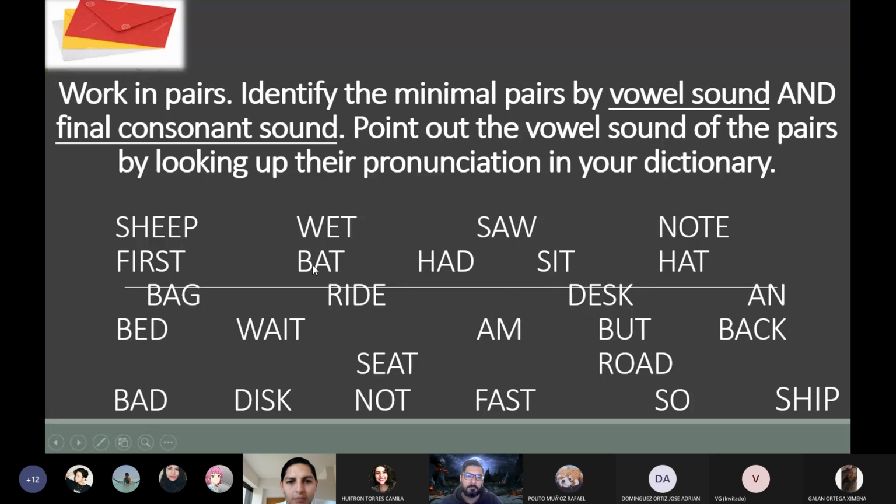This could be one. Of course, bat is an animal, right? It could also be a piece of equipment for playing baseball, right? And but is a conjunction.